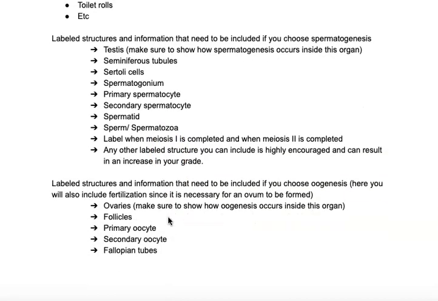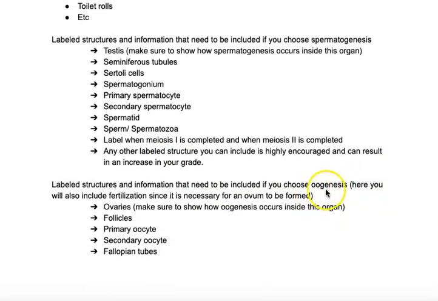If you want to include any other labeled structures, it is highly encouraged because it can increase your grade. If you decide to choose oogenesis, you will be including, of course, the ovaries and what's happening inside the ovaries, but you will also be including fertilization and what's happening in the follicles and the fallopian tubes.